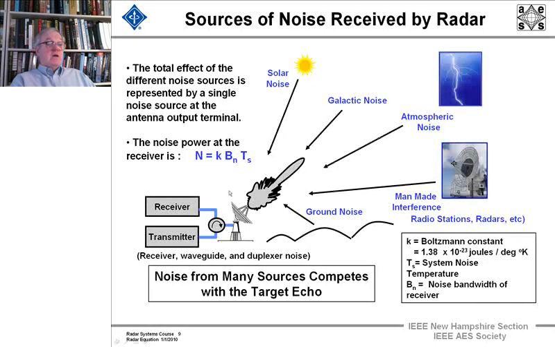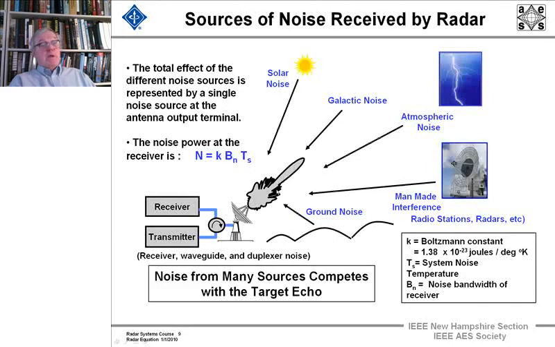and then you'll just have the power of noise coming from noise sources that's also coming in along with the reflected target. And some of those sources are solar noise, galactic noise, noise from the atmosphere, it can be from lightning, from man-made sources, nearby radars, radio stations.